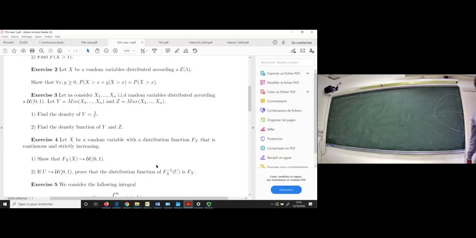When you do probability, you don't mind about events or sets with probability 0; it's like they don't exist. So I have the right to take the inverse because the probability that my denominator is equal to 0 is 0. It was just a remark that V is well defined.